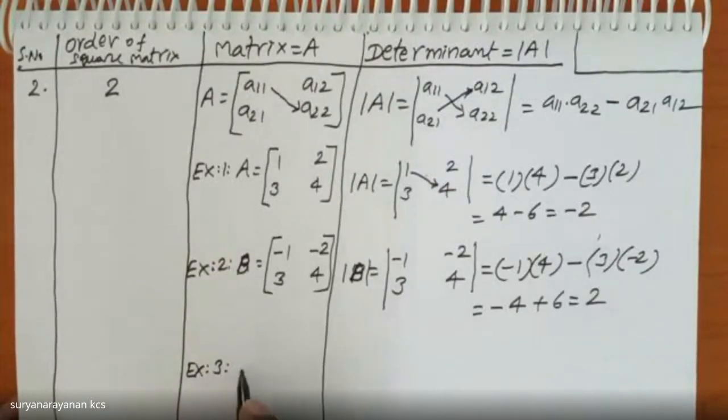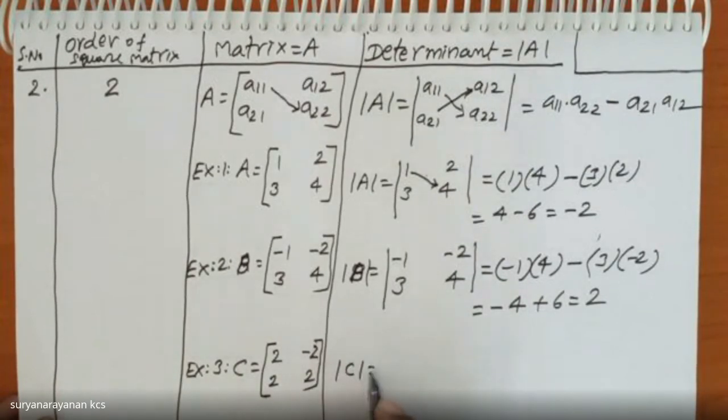And one more example. C is equal to the matrix. Then det C is equal to det of 2, minus 2, 2, 2.